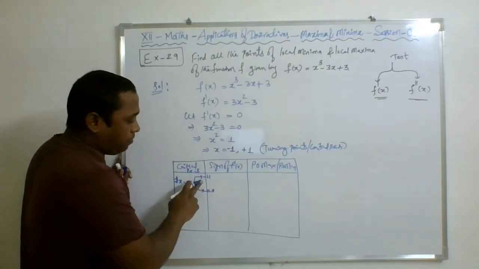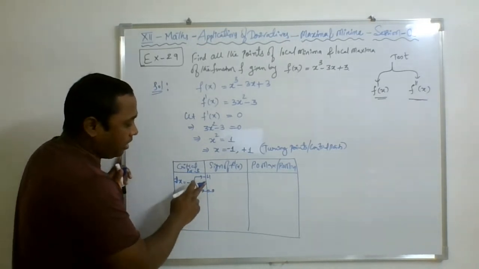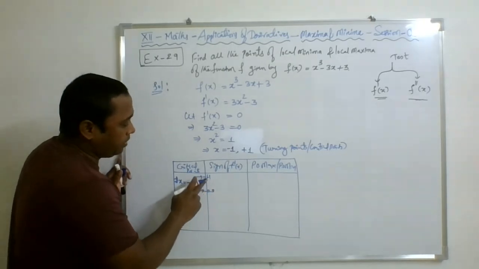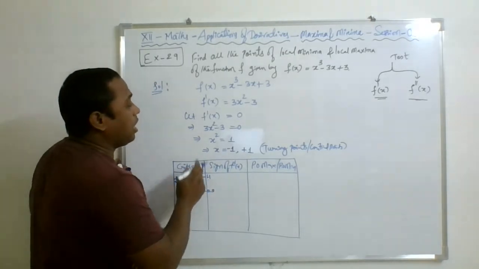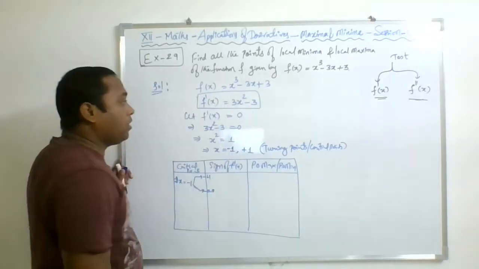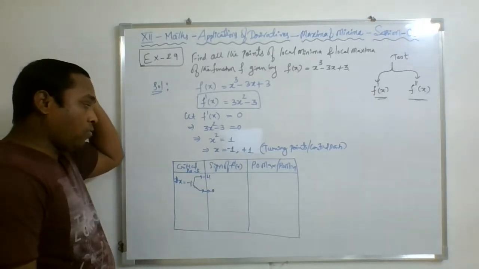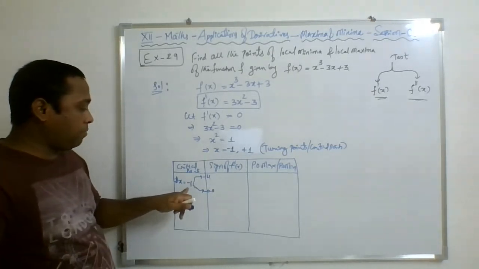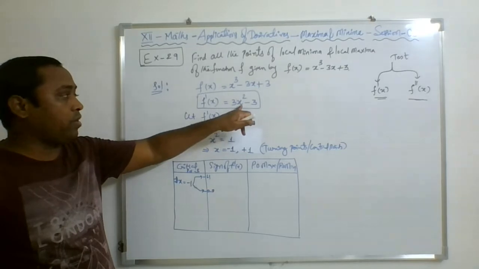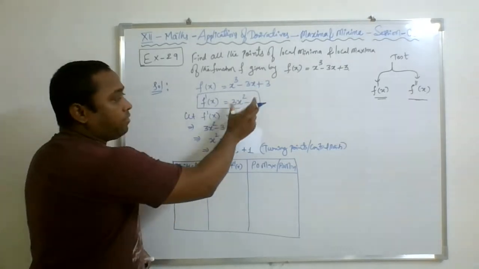When you take -1.1, which is the left side, and put this value in the derivative to see whether it is positive or negative, you will definitely get a positive value.